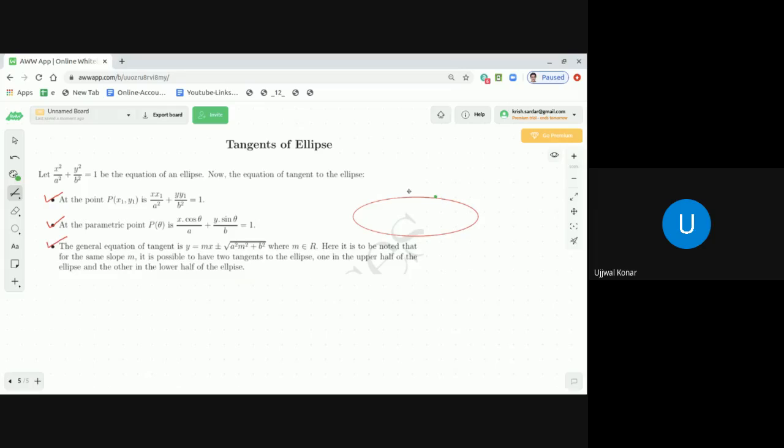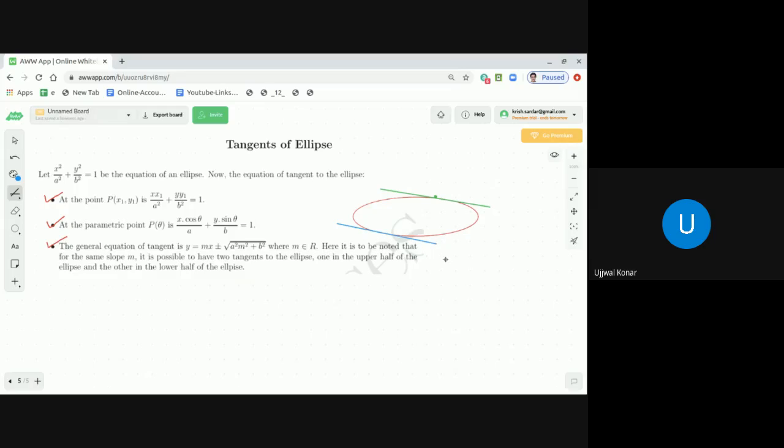So the tangent will be something like this. Correct, dear students? Now, parallel to this line, you can find another line which is also a tangent to the same ellipse, but in the lower half. If I draw the tangent in blue color, it will be something like this.